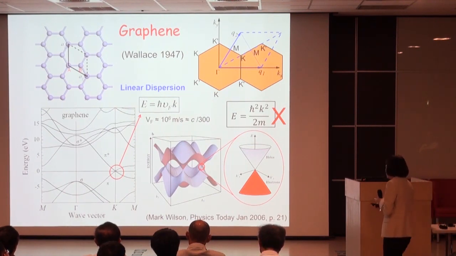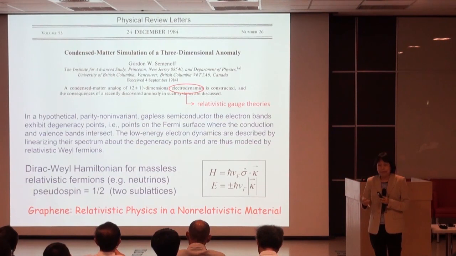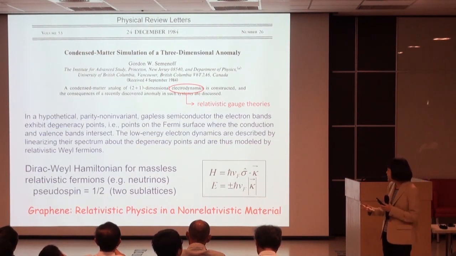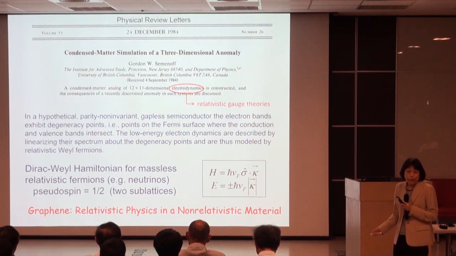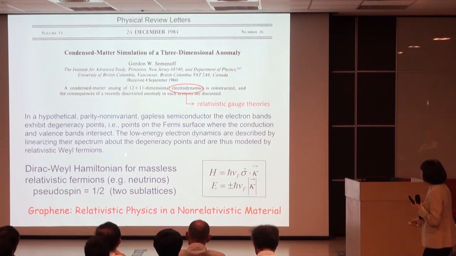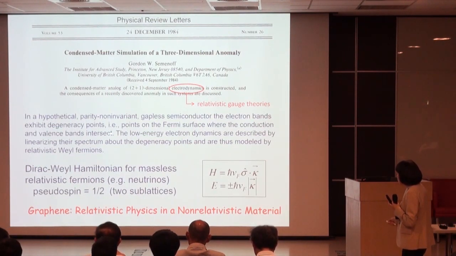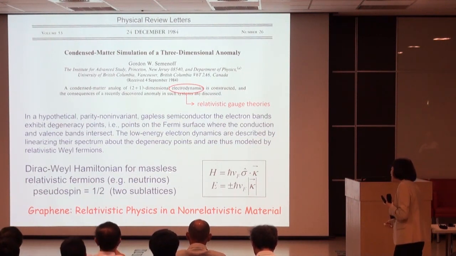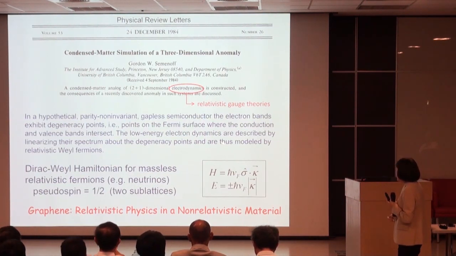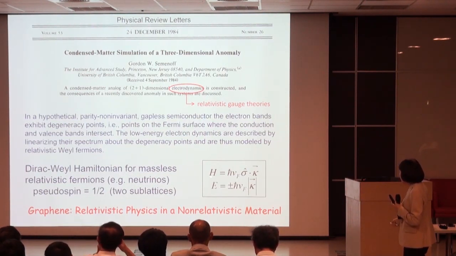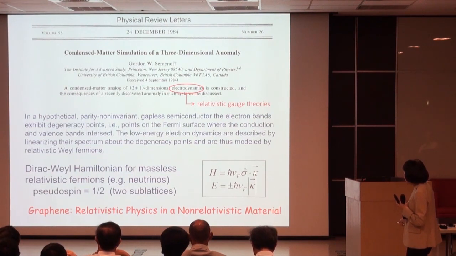So all the physics that has been studied in the past 10 years or so focuses on the very special property of graphene that was predicted more than 30 years ago. And that is that at low temperature, the low energy electron dynamics can be described by this famous Dirac-Weyl Hamiltonian.